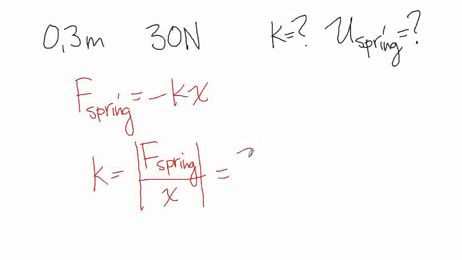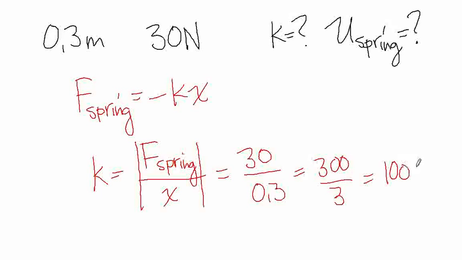So 30 divided by 0.3, so that gives 300 divided by 3, or 100 newtons per meter.